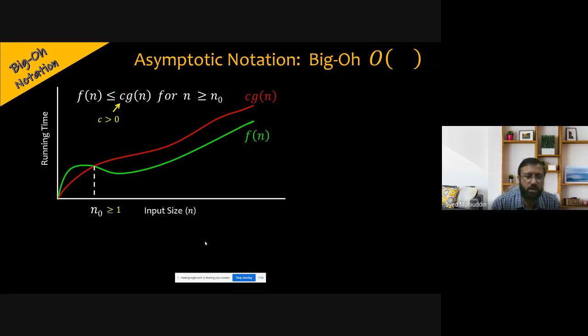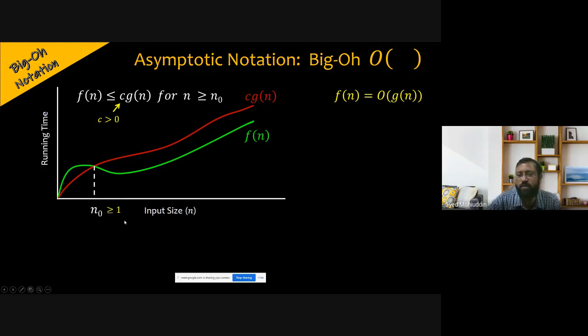Now let us look at the definition. What we say is big O notation: f of n is equal to O of g of n when f of n is less than or equal to c times g of n, where c is a constant greater than 0, for n greater than or equal to n0, where n0 is greater than or equal to 1.